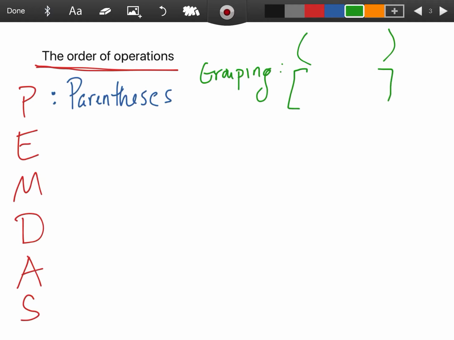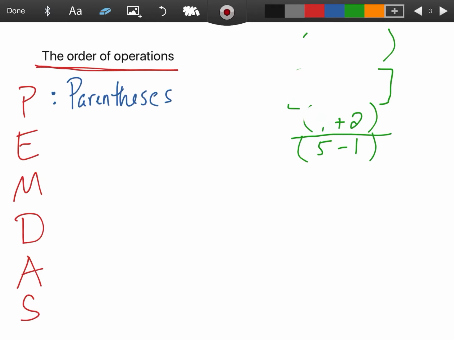They could be brackets. Okay, and they could be fraction bars. So 4 plus 2 over 5 minus 1. Well, this tells us the numerator is grouped together and the denominator is grouped together. So we can even write parentheses around the whole numerator and parentheses around the whole denominator if that helps you within the order of operations.